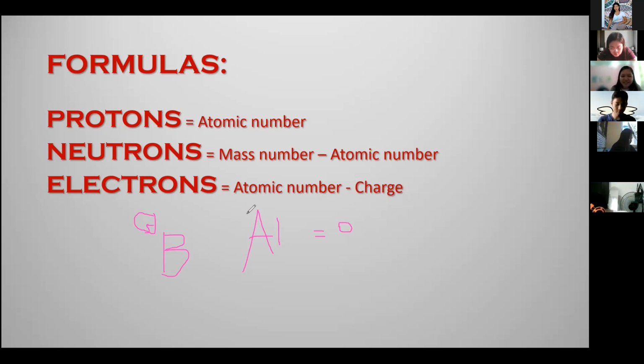The atomic number of aluminum is also its number of electrons since there is no charge. So we have 13. Next.